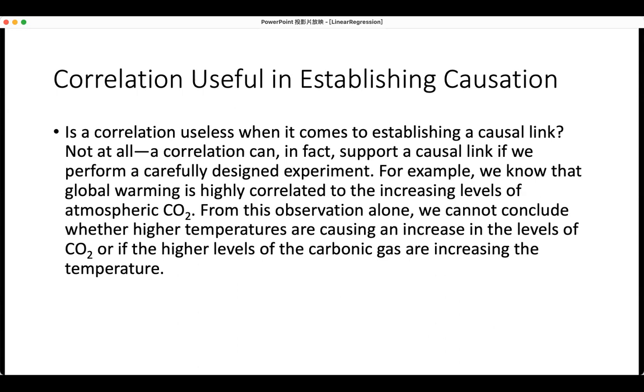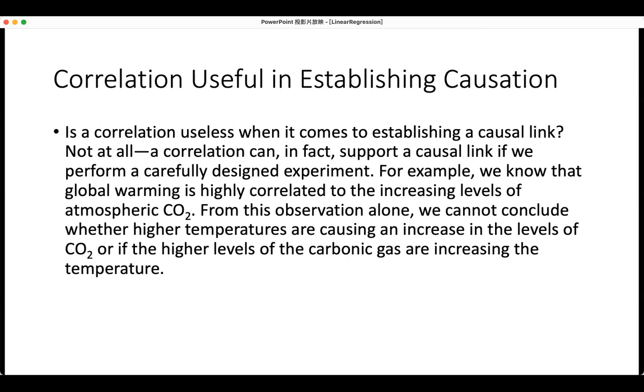For example, we know global warming is highly correlated with the increasing level of atmospheric CO2. We want to establish the causal relationship, that CO2 causes global warming. From observation alone, we cannot get what we want.